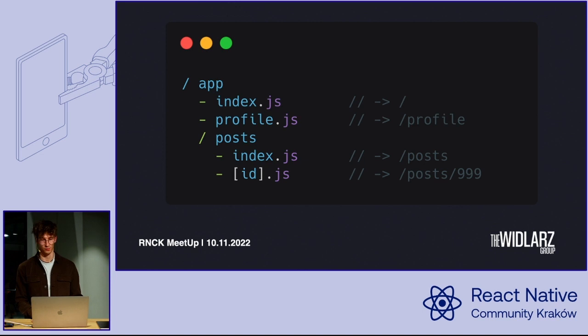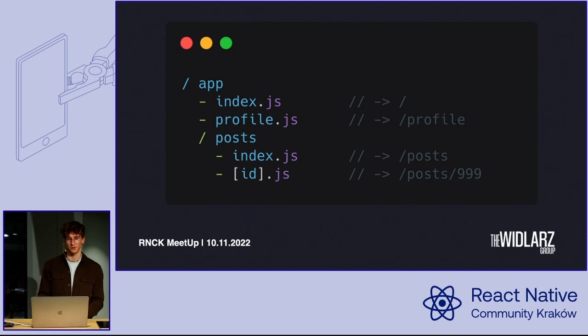You can also group the screens because maybe you want to add some kind of layout for the screens, or maybe you want to set up some kind of nested navigation for the screens. All this you can achieve by nesting the screens in a folder.